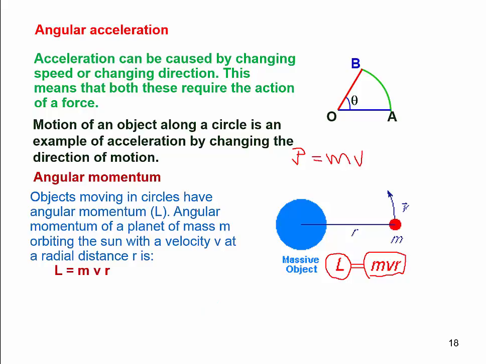So objects moving in circles have angular momentum represented by uppercase L. Angular momentum of a planet of mass m orbiting the sun with a velocity v at a radial distance r is L equals mvr. Now, all these concepts, when I make questions, remember all the questions for the test are made directly from here. So if you understand all these, your test will be very easy.